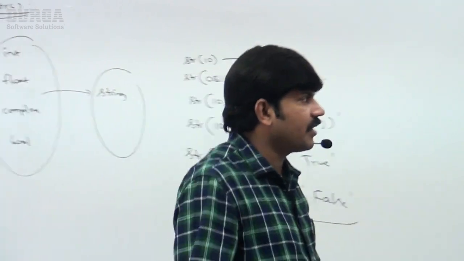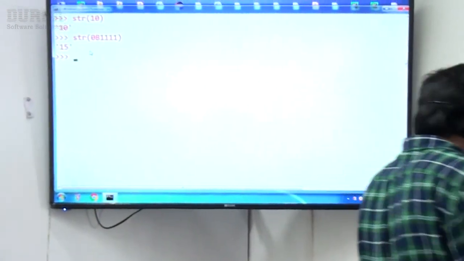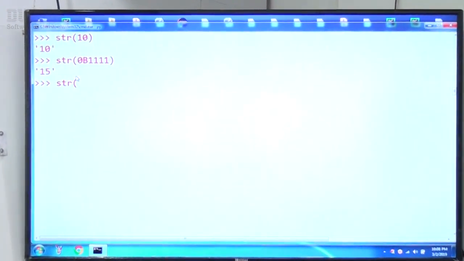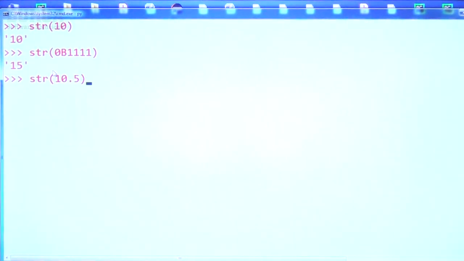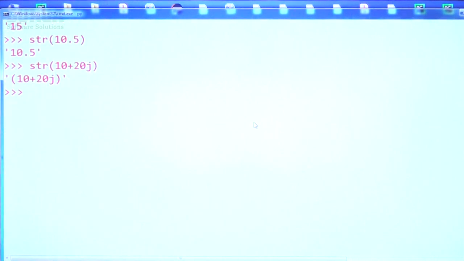Okay, have a look once at the remaining also. str of 10, str of 10.5, yes, converting into string. str of 10+20j, okay, have you observed, right? 10+20j. str of true I'm taking, sir, true itself. str of false I'm taking, sir, then obviously we are going to get false.